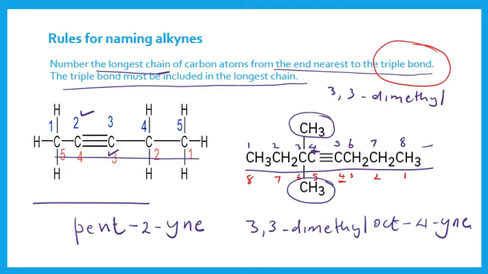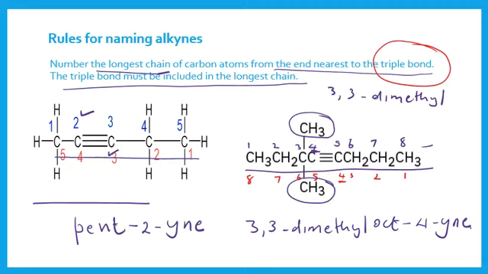All right, so now let's look at this one. The difference between this one and the rest of the others is that the triple bond is on the second carbon there. All right, so we can proceed and look at the rules for naming alkynes.